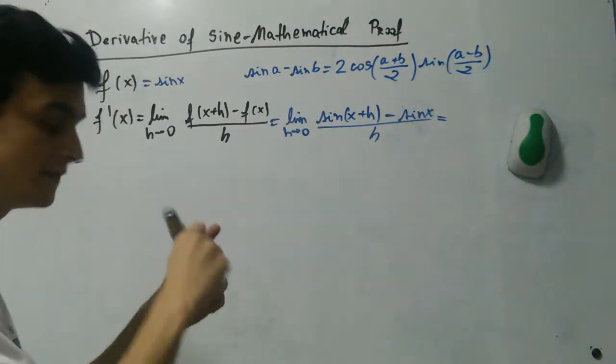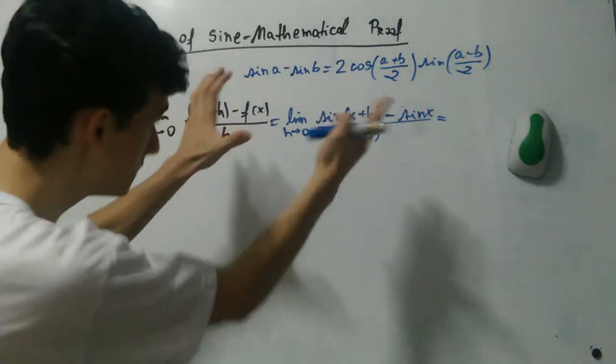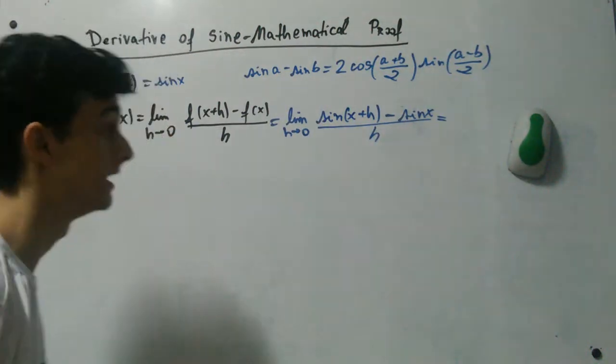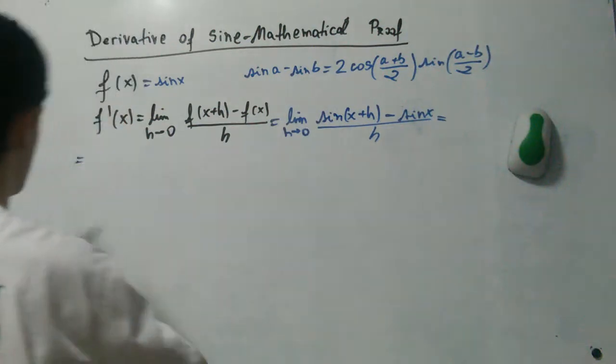This is one of the sum to product formulas. We're going to use it because we have one sine minus another sine.